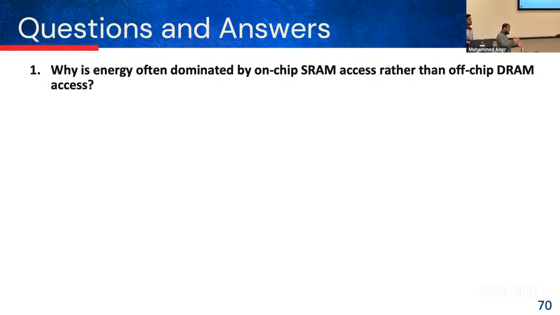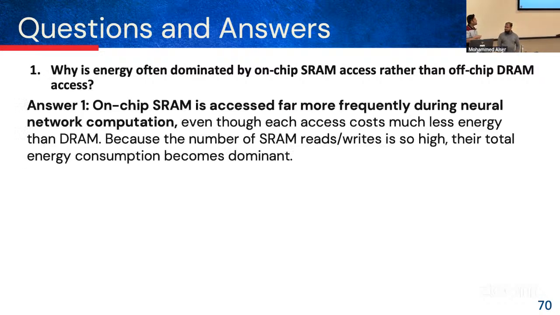SRAM is closer to the compute, and it is also described in the previous paper. The thing is that although it is near the core, it is used frequently compared to the distant memory.